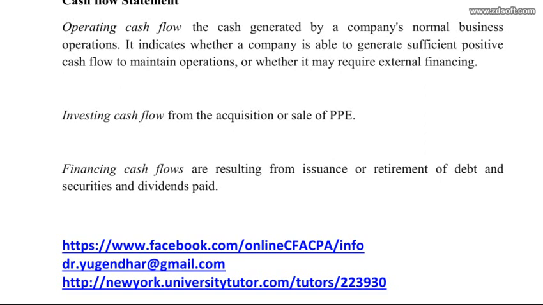So this is very important, because if a company is not able to run its normal operations, how can an investor believe? How will the bank provide a loan to us? If we are in a good position to operate, then the bank will provide a loan to purchase a plant or equipment, something.